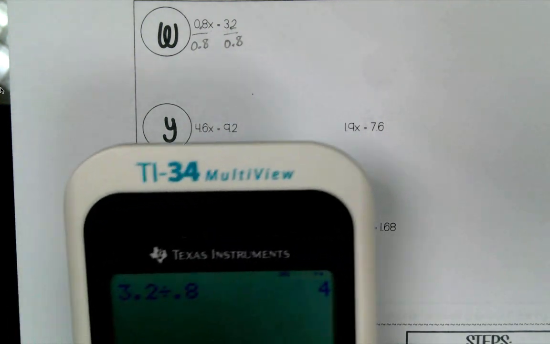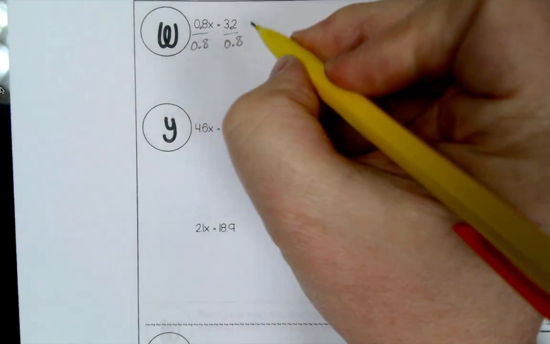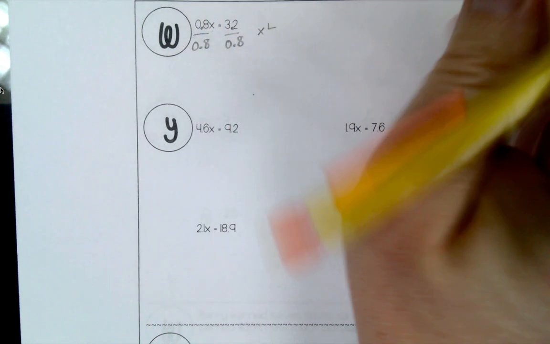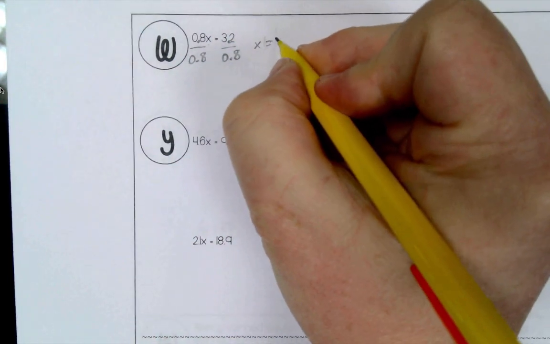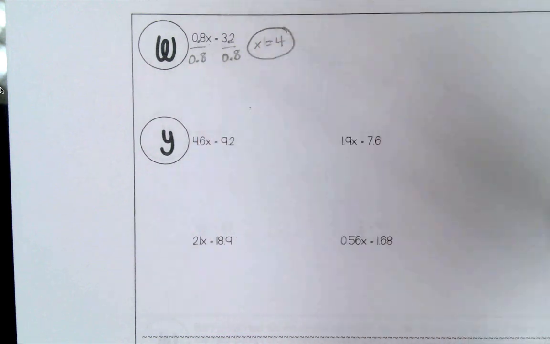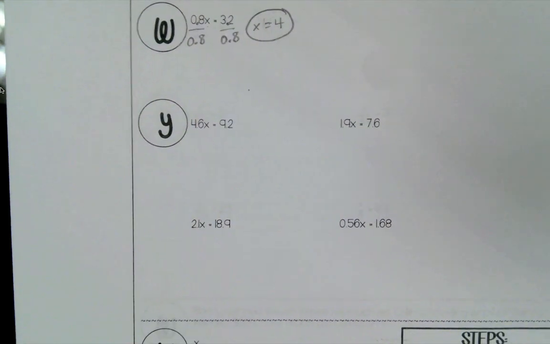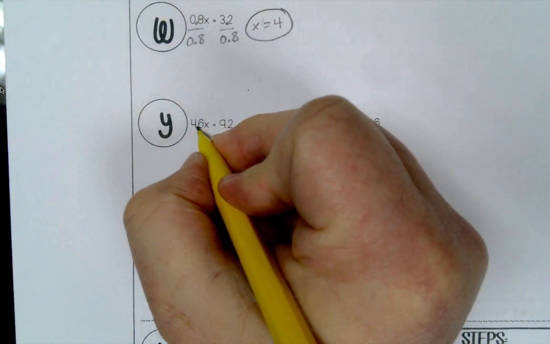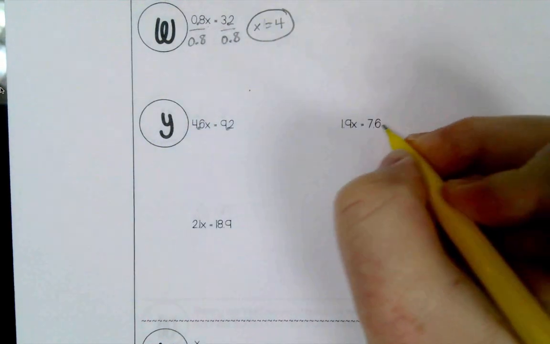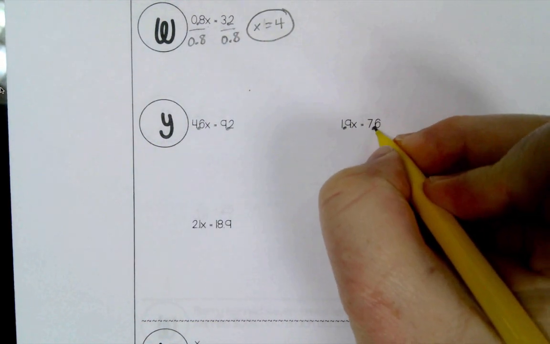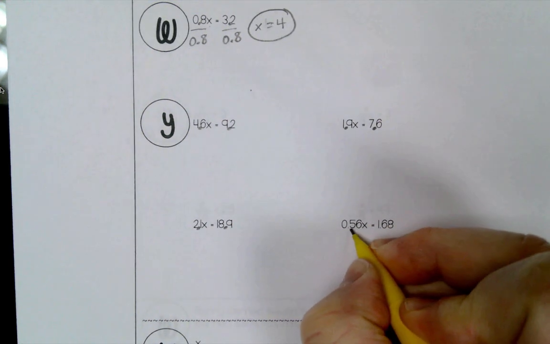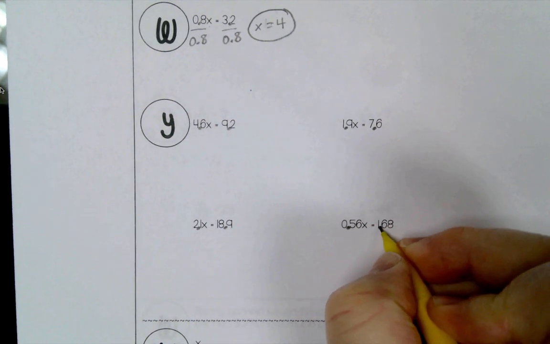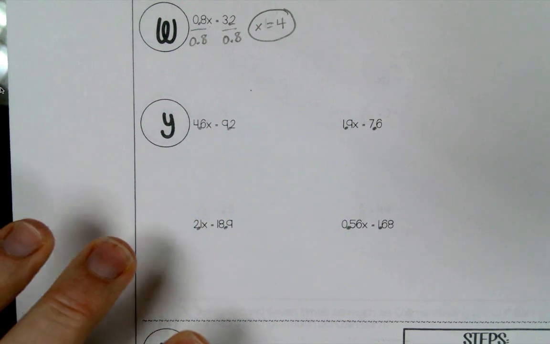And I get 4. So x equals 4. Let's just make sure we know that these are all decimals here. Decimal, decimal, decimal, decimal, decimal, decimal. There we go. Okay, solve on your own.